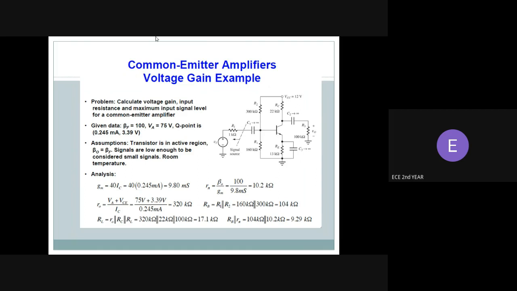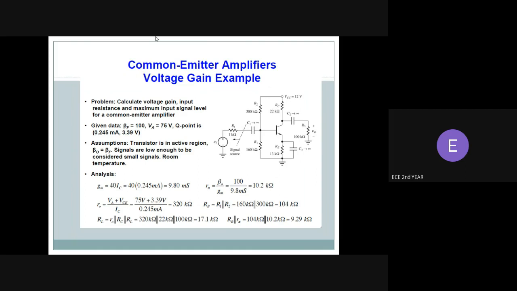RB is equal to R1 parallel to R2, which is 160 kilo ohms parallel to 300 kilo ohms, equal to 104 kilo ohms. R prime is equal to Ro parallel to RC parallel to RL, which is 320 kilo ohms parallel to 22 kilo ohms parallel to 100 kilo ohms, equal to 17.1 kilo ohms. RB parallel to r pi is 104 kilo ohms parallel to 10.2 kilo ohms, which is equal to 9.25 kilo ohms.